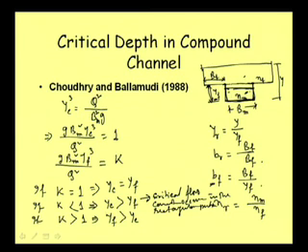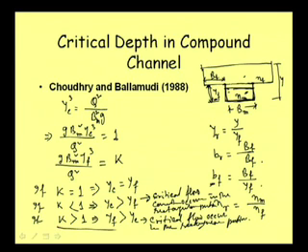So, this will lead us to the condition that critical flow occurs in the rectangular portion. Well, so when critical flow occurs in the rectangular portion, then we can calculate this directly.